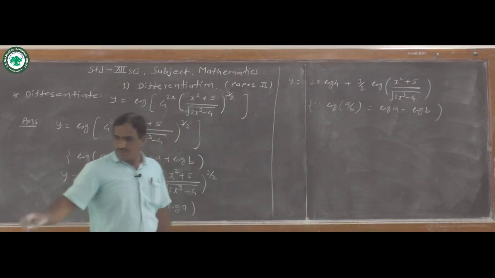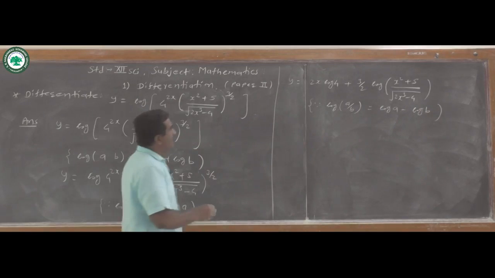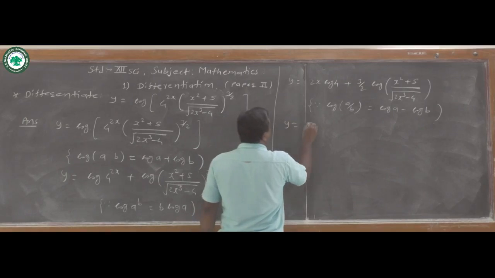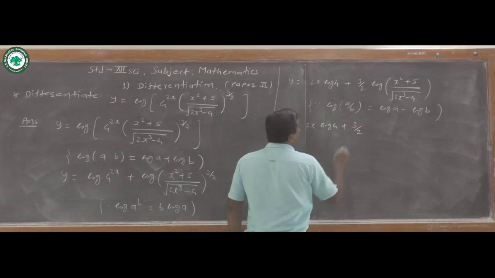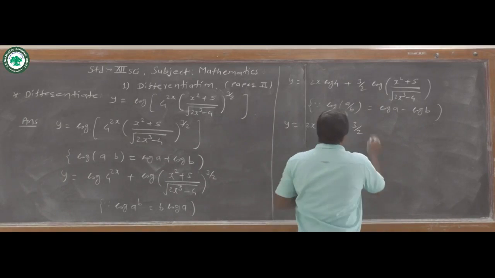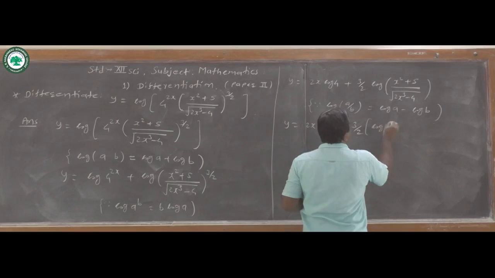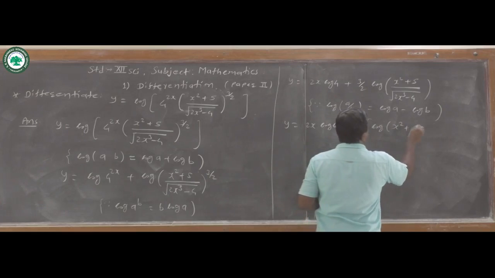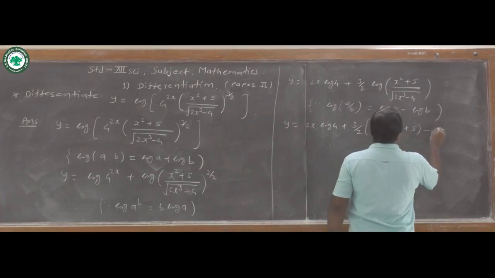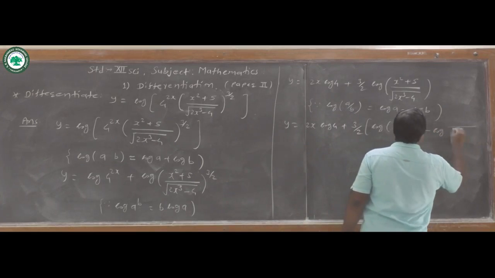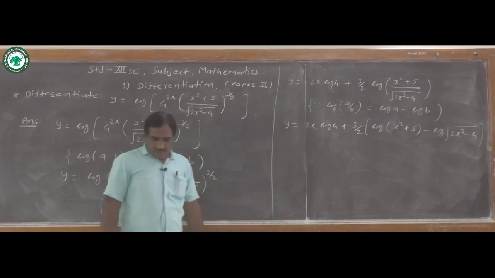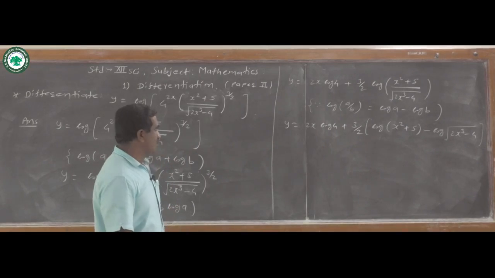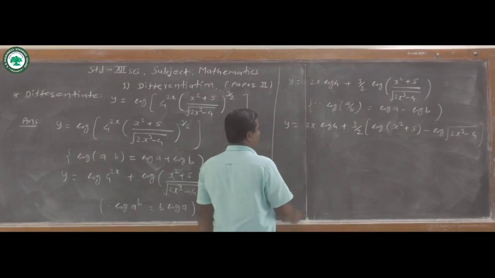So using this rule, we can write y is equal to 2x into log 4 as it is plus 3 by 2 into, using the rule here, we can write log of, in bracket, x square plus 5 minus log of under root 2x cube minus 4. Okay. Now we can differentiate this equation. Differentiate with respect to x.